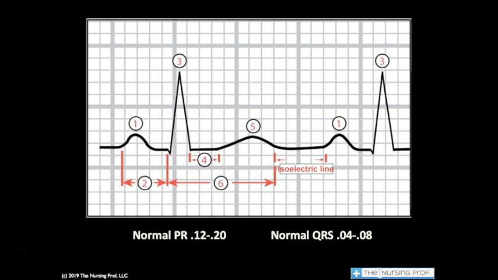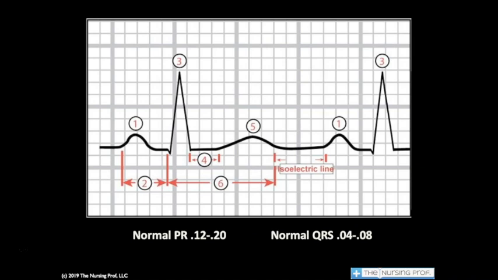You see the beginning of the P wave to the beginning of the Q wave. So we have a PR interval of, let's march it out here. Each one of those little boxes, so 1, 2, 3, and a half little boxes. Each little box is worth 0.04. So that gives us about a 0.14 PR interval.